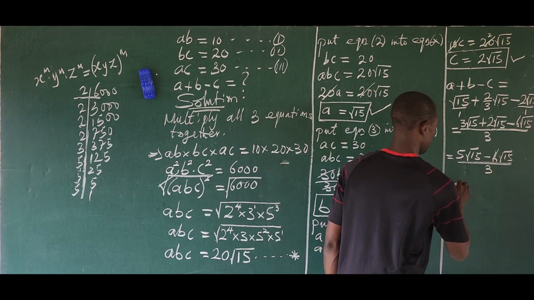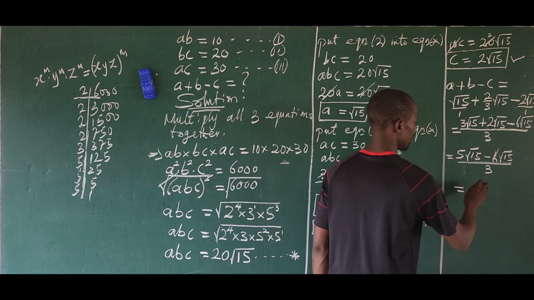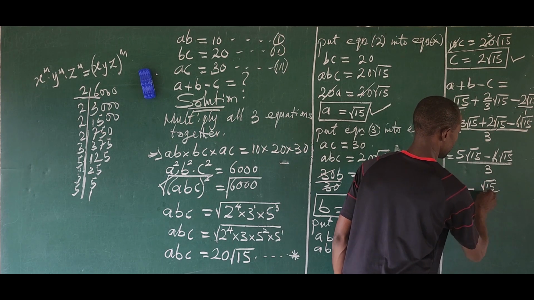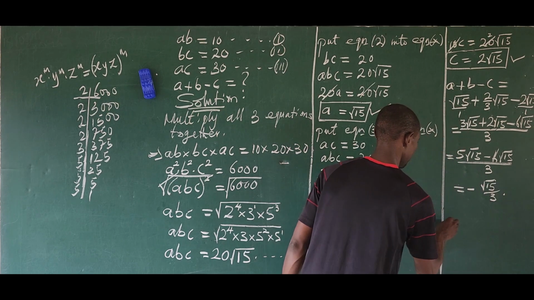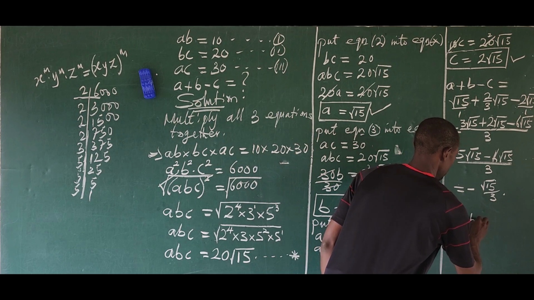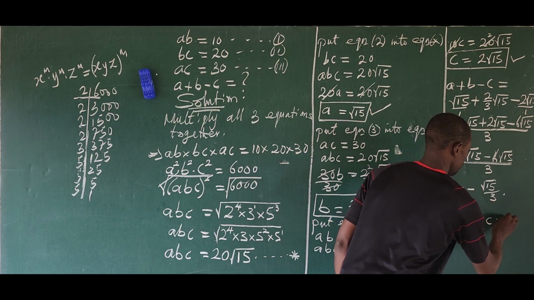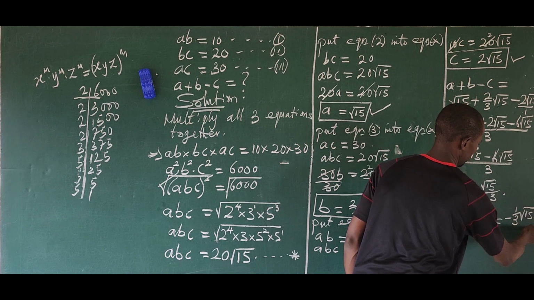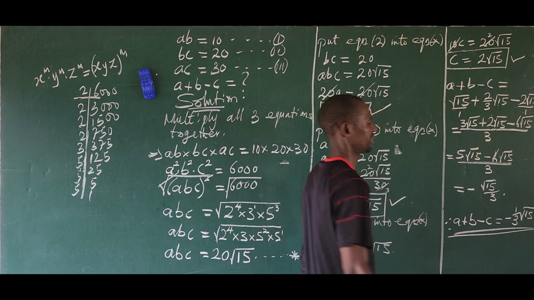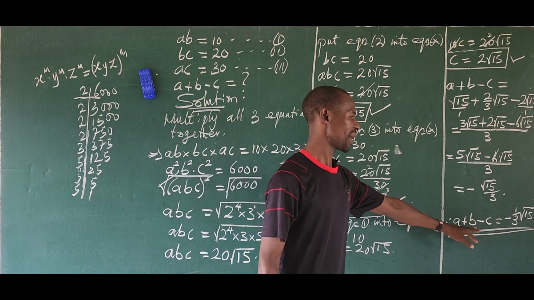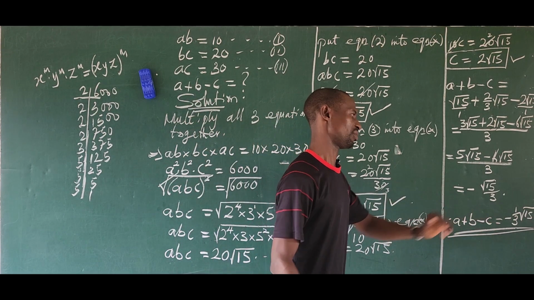This will give us minus root 15 all over 3. So we can say therefore our A plus B minus C is equal to minus 1 all over 3 root 15. Okay, so this is the value of A plus B minus C.